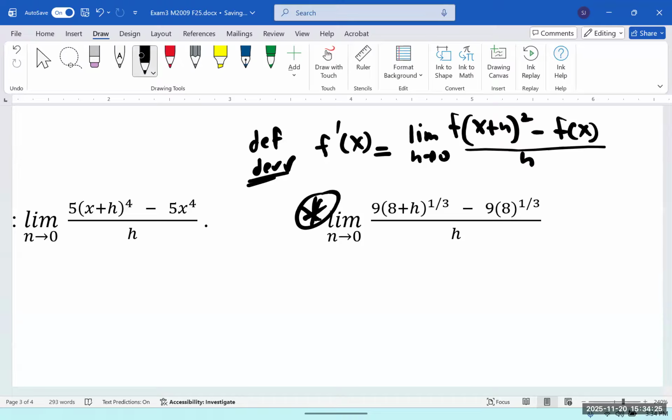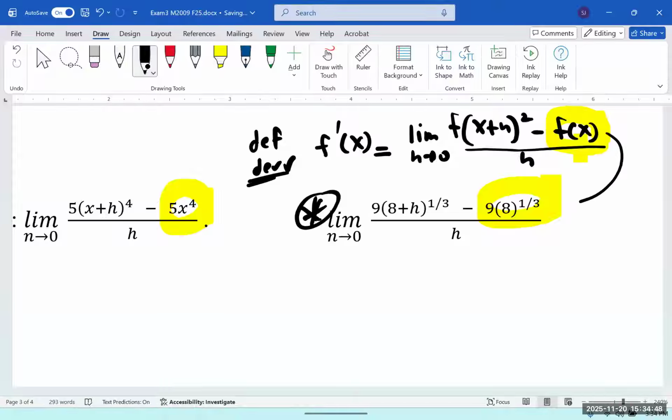So all you have to do is connect the definition of the derivative with whatever is given to you. Specifically, observe this versus that, or this versus that. That's all you have to do to start your question.